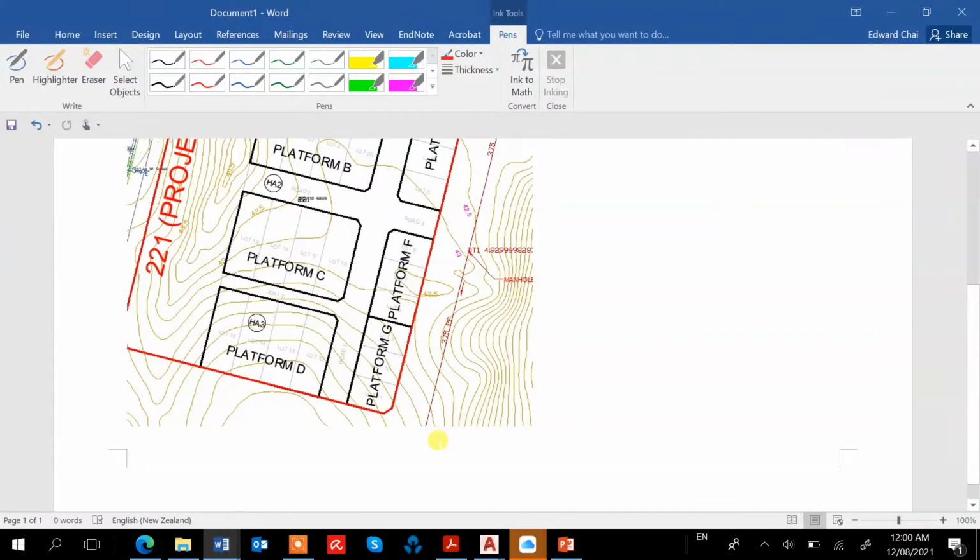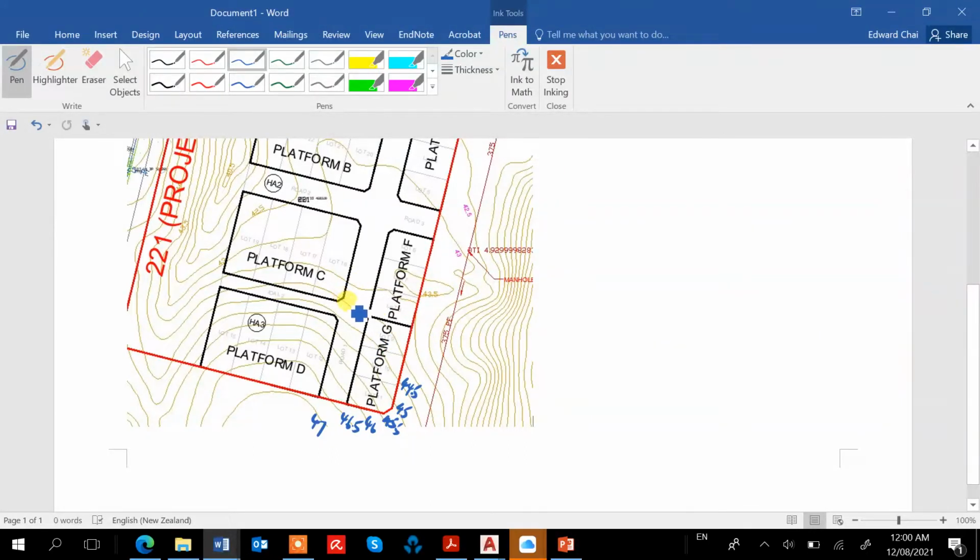Roughly I just draw something, I just put a blue line. This is 47, 46.5, 46, 45.5, 45, 44.5.